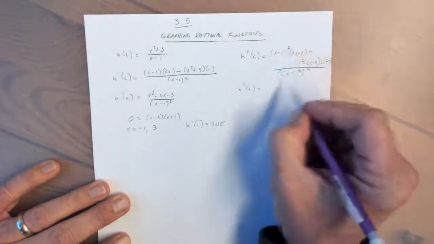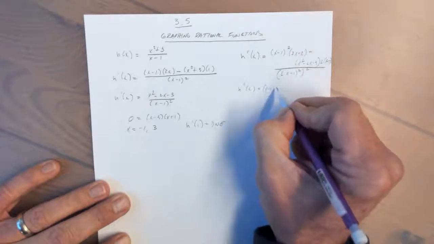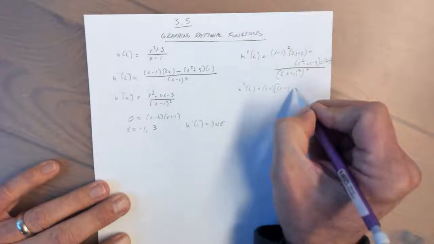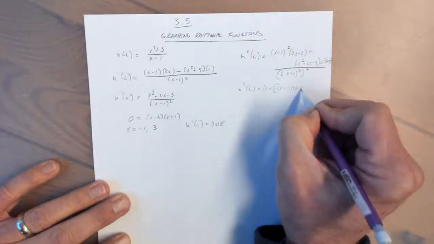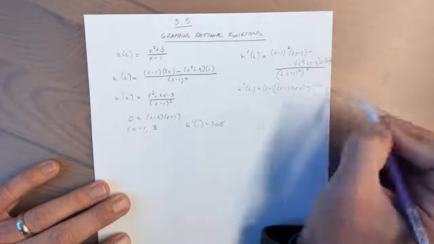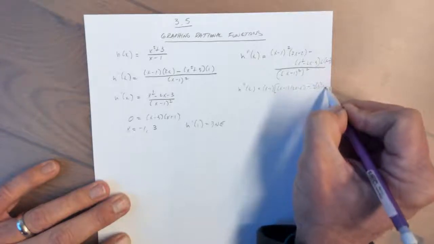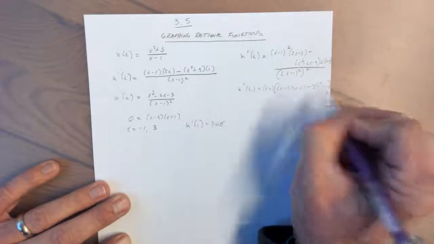We would factor out an x minus 1, and we'd be left with an x minus 1 times a 2x minus 2, minus 2 times x squared minus 2x minus 3.